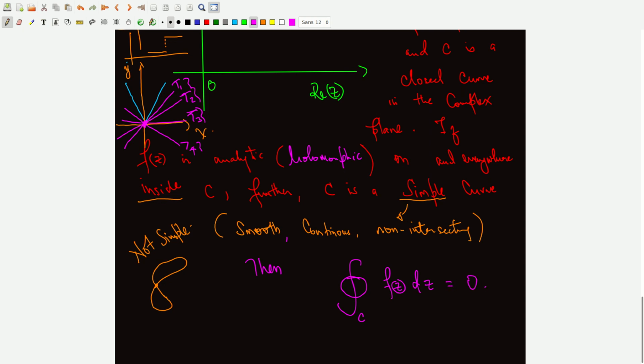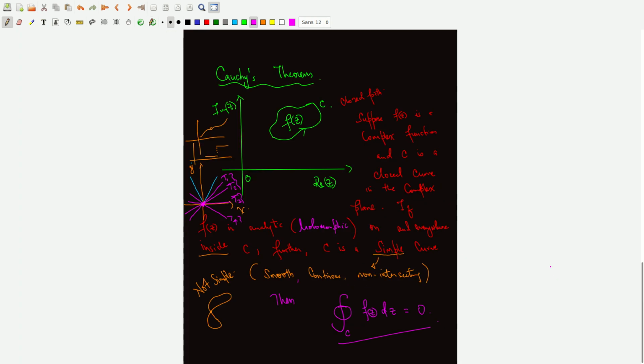Wow. So much work just to write that the integral over the closed path of that function f of z with respect to z is simply 0. Yes, it is important. We shall see later on in a few examples.